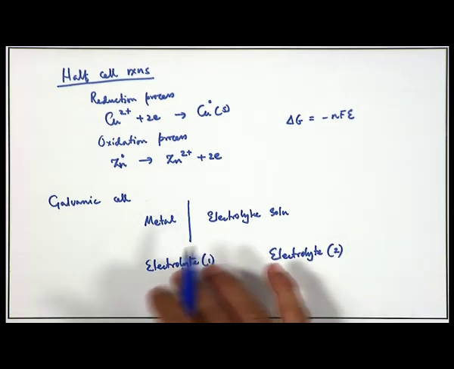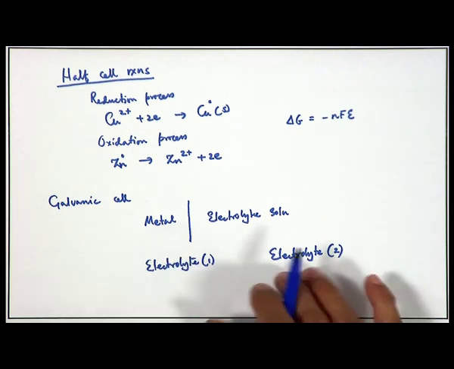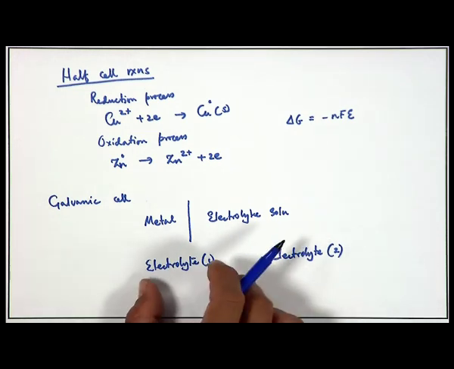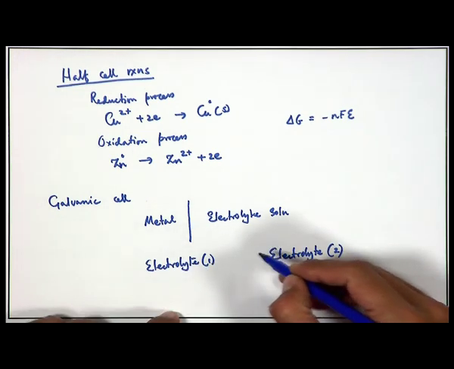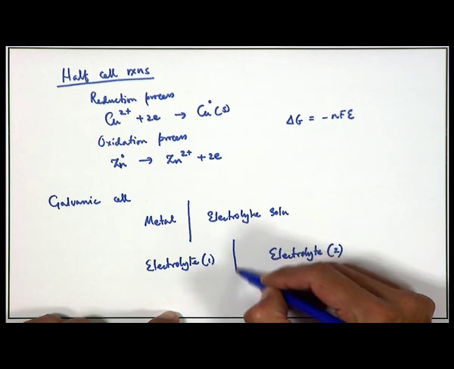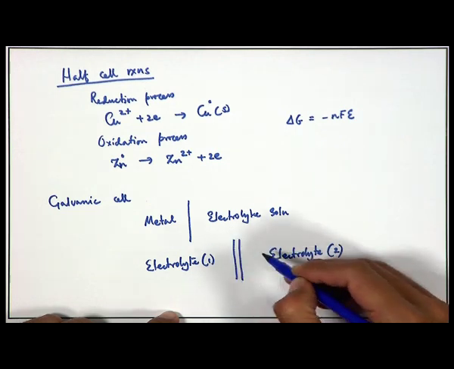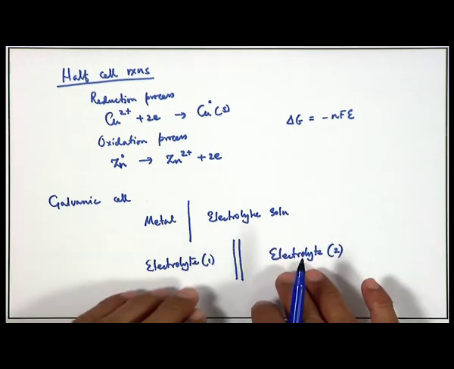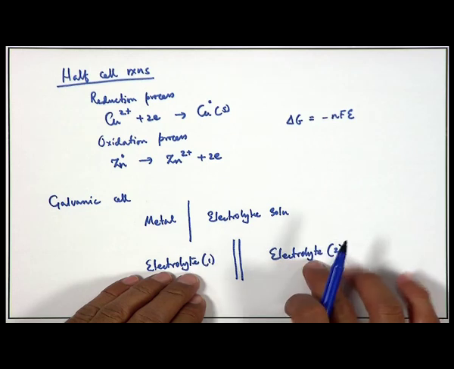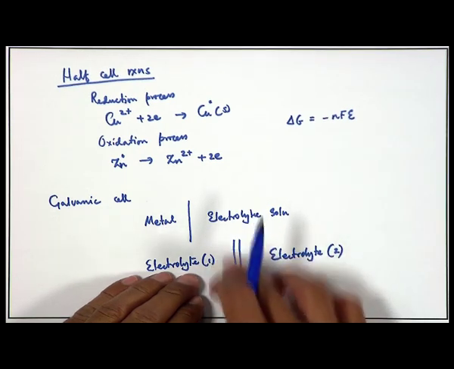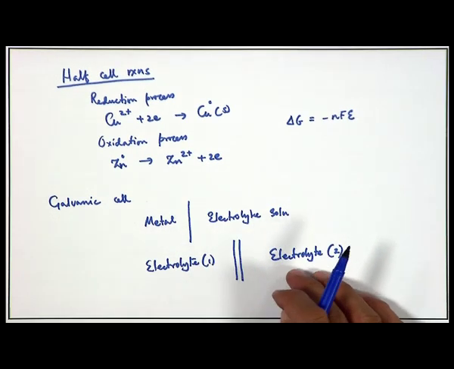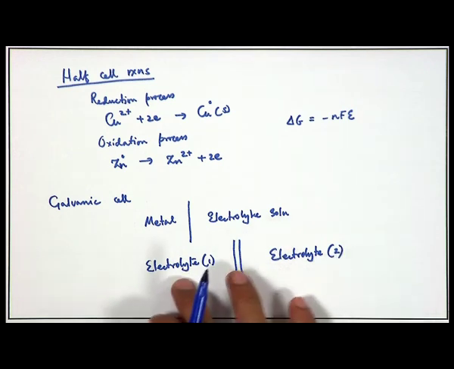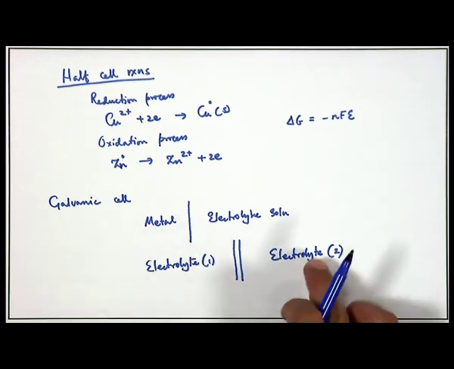You are not mixing copper sulphate with zinc sulphate; they are kept in separate containers but connected with the help of a salt bridge. So, this arrangement is represented by writing these two electrolytes side by side and putting two vertical lines in between. That represents the salt bridge, which bridges electrolyte 1 with electrolyte 2.